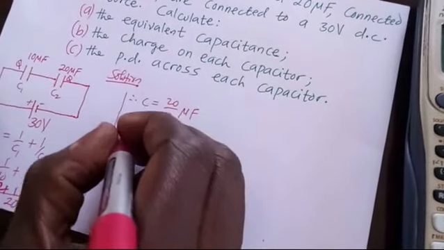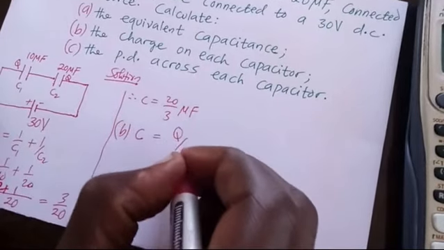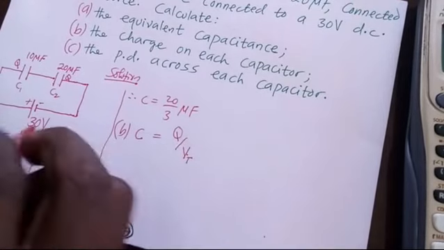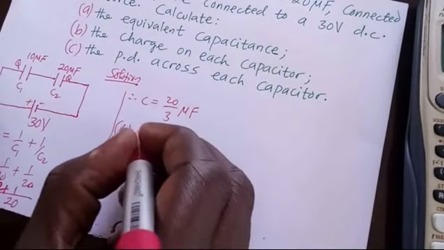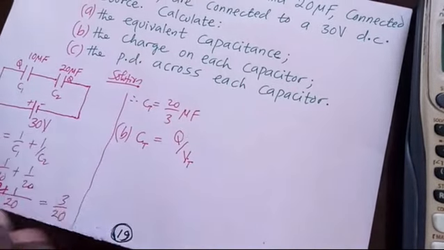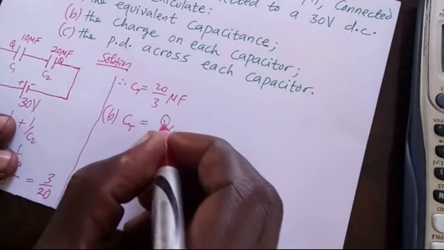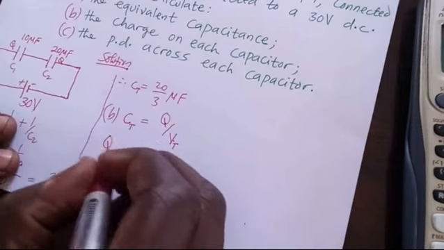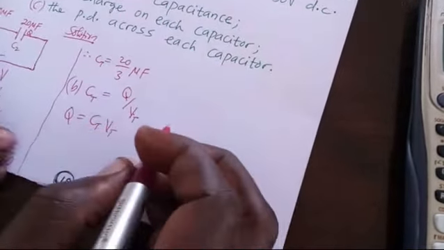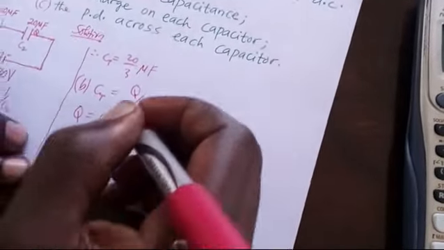For B, C is equal to Q upon V. This V is the total PD and this capacitance is the total capacitance, let us call it C sub T. If you want the charge, you make Q the subject of the formula, and Q is equal to C sub T times V sub T.